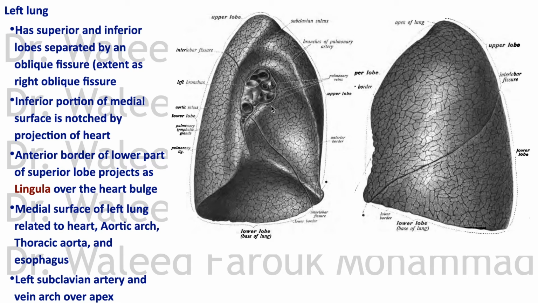Exactly, it's of the left ventricle, giving rise to the ascending thoracic aorta and the arch of the aorta. The subclavian vessels make their marks on the top of the lung, the apex of the lung. So it's totally different, of course, than the right side, and you should learn this by heart.